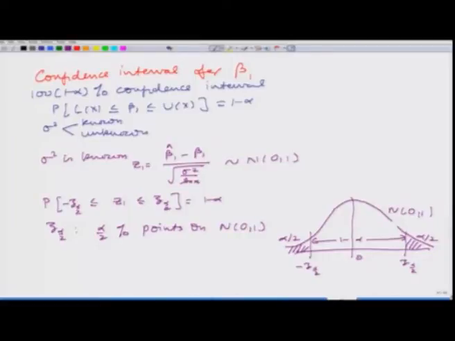Okay. So, now let us continue further and write down the probability that minus z alpha by 2 is less than or equal to beta 1 hat minus beta 1 over square root of sigma square over Sxx less than z alpha by 2, and this is 1 minus alpha.